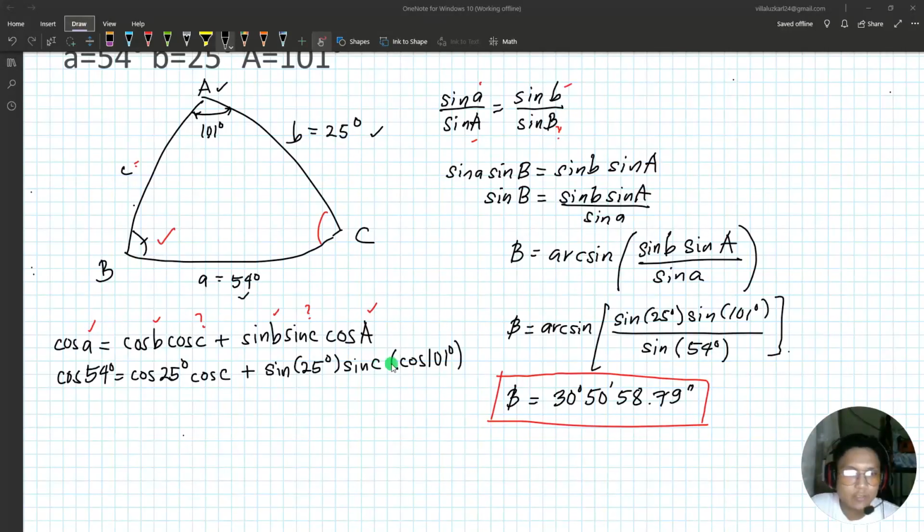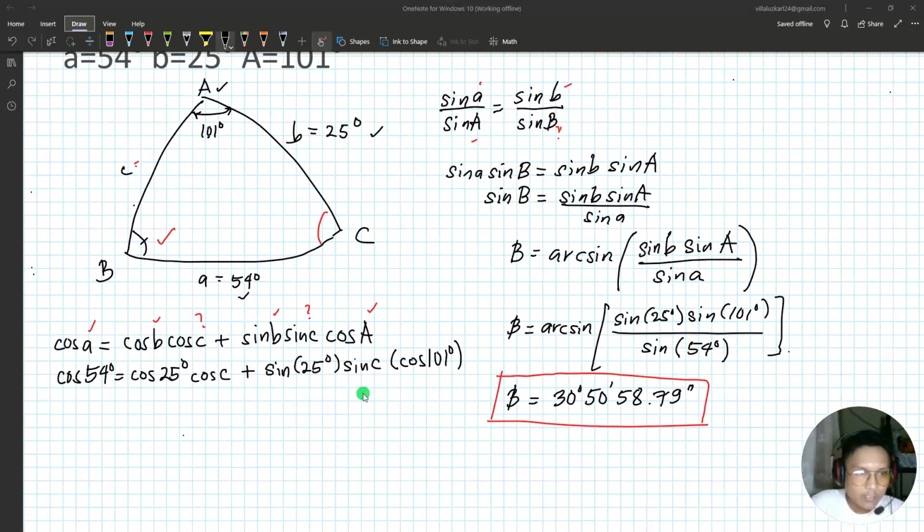Now we cannot solve C by simply combining like terms and isolating C, because we use different trigonometric functions for this term, cosine for C, and here sine C. We also cannot use any trigonometric identities to simplify this equation. So therefore we can only solve this by using our calculators.